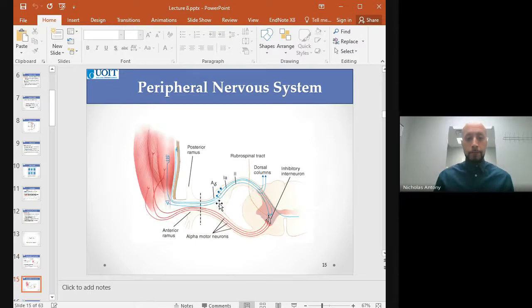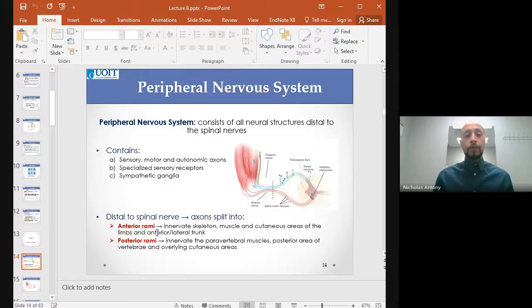You can see the larger anterior rami and the smaller posterior rami. The anterior rami innervates the skeletal muscles and cutaneous areas of the anterior and lateral trunk and limbs. The posterior rami, which is smaller, innervates the paravertebral muscles and the cutaneous area of the back.